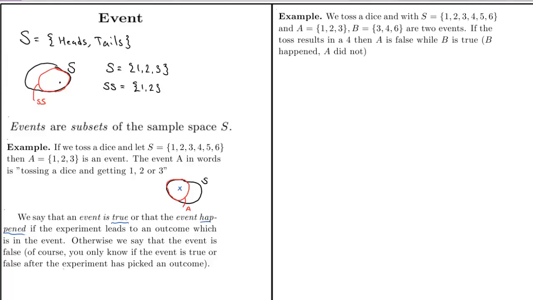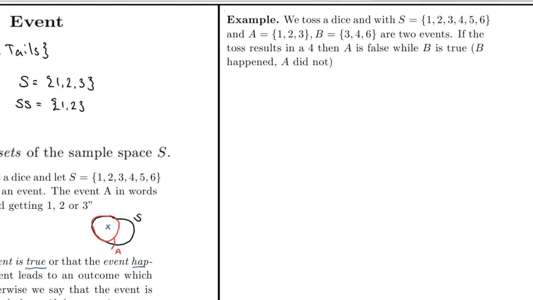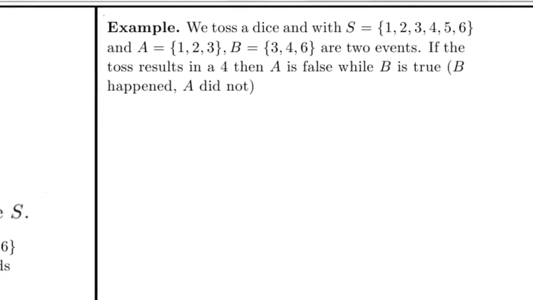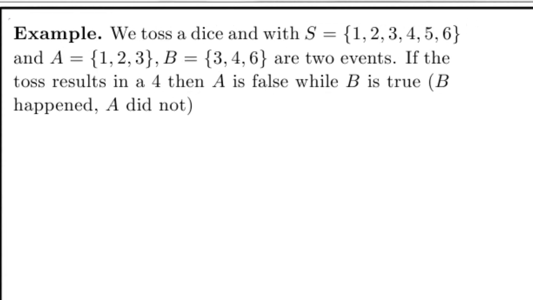Here's another example. It's the same sample space, but in this case we actually define two events. An event we call A and an event we call B. Event A is tossing 1, 2, or 3, and event B is tossing 3, 4, or 6. To display this graphically, we can draw our sample space like this. Then we make a blob for event A, maybe that.